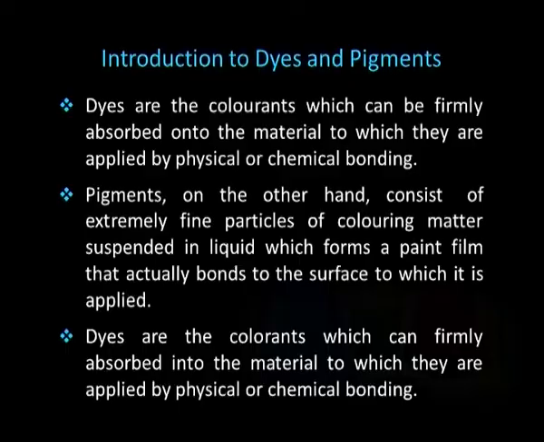So, basically, among dyes and pigments, you will not be able to find the difference in color, because pigments as well as dyes are colored substances, but their method of application is different.